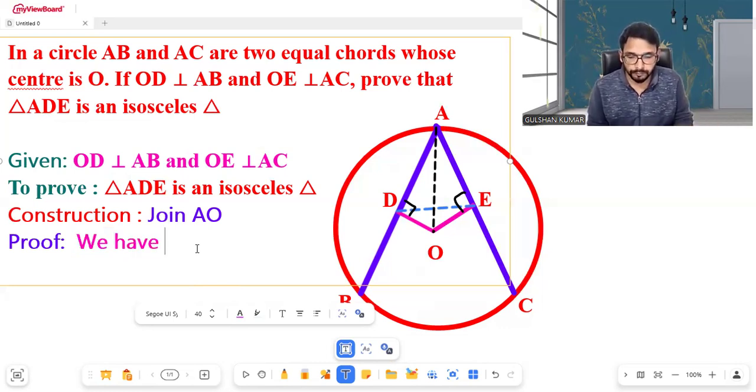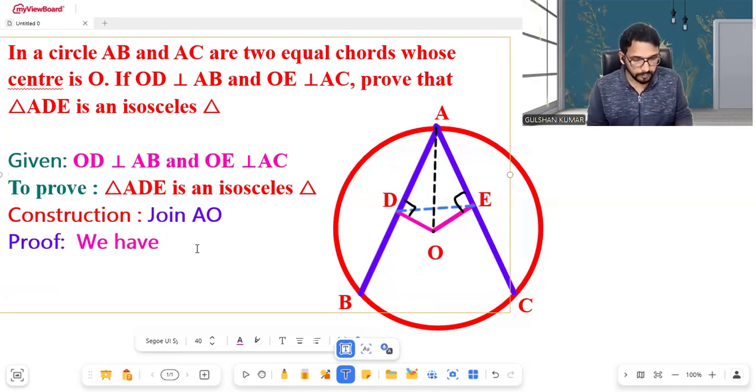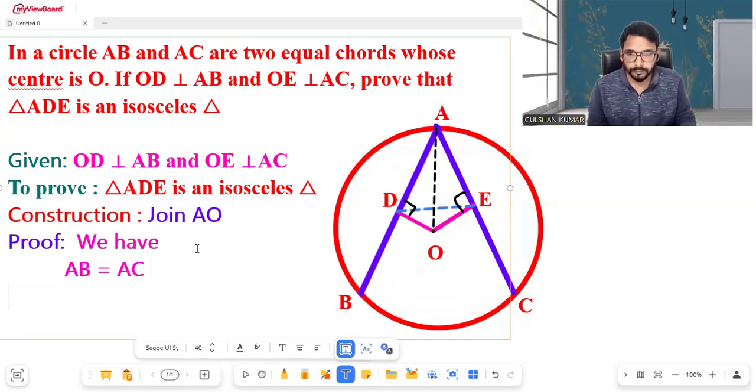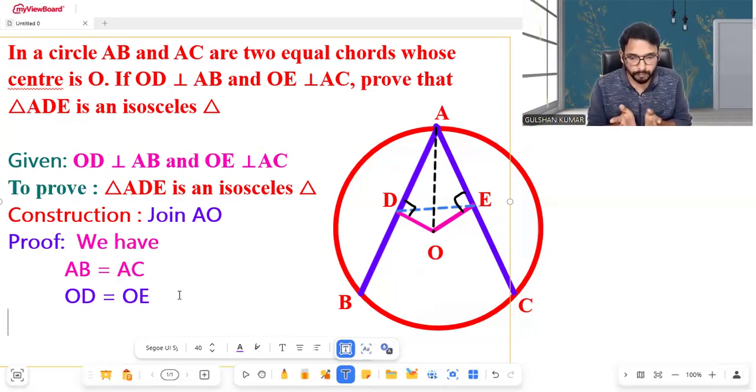We have AB equals AC, because both the chords are equal, and so OD equals OE, because equal chords are equidistant from the center.